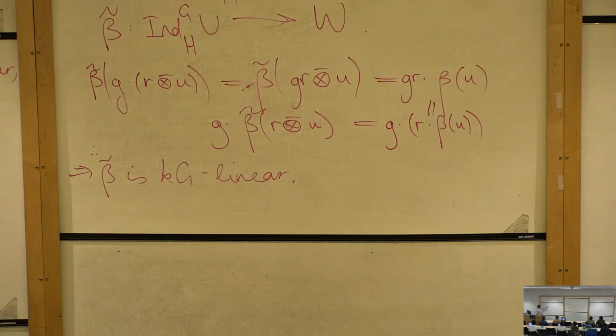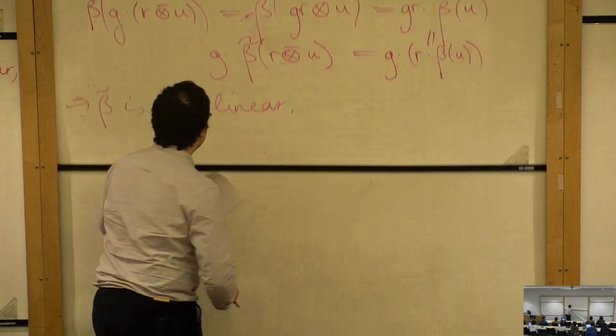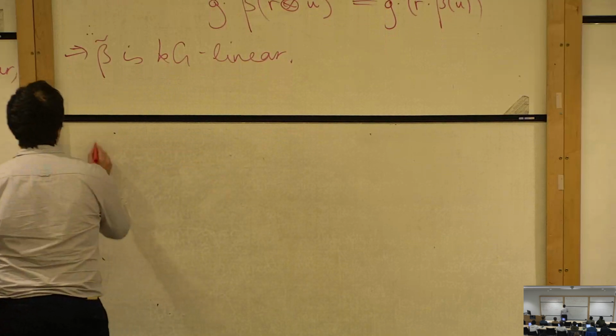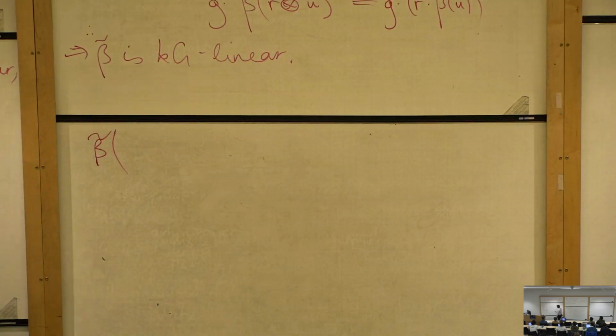So, in this setup, given an H-module homomorphism beta, I've extended it to a G-module homomorphism. It's interesting, right? You get G-linear maps out of H-linear maps for free by this construction. I've checked that it exists. I better check that the diagonal commutes. We'll do that. Diagonal commutes: beta tilde of, it's a triangle, right?